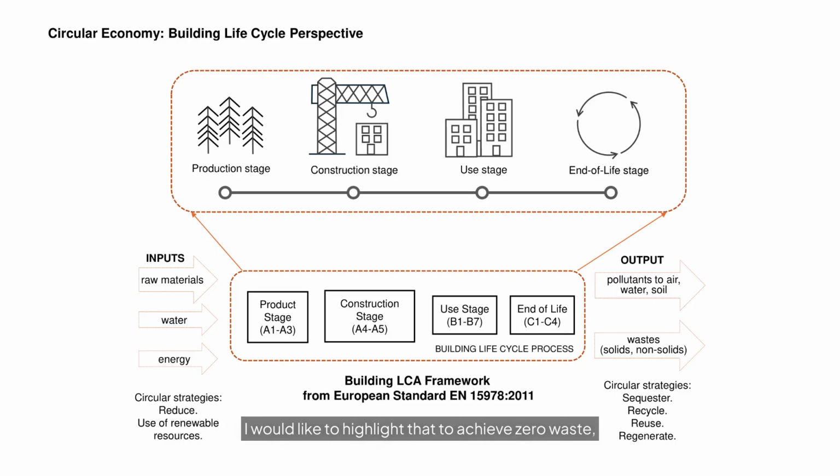I would like to highlight that to achieve zero waste, we must consider the building's entire life cycle and intervene at every stage, reducing input, reusing and recycling materials, and mitigating outputs in line with circular economy principles, as we will discuss in the next slide.